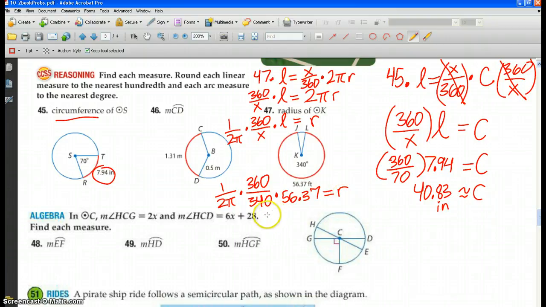On a calculator, we need to take 1 divided by, and you should probably put this in parentheses, a quantity of 2 pi, times 360 divided by 340 times 56.37. Typing that in now, and we get 9.50 feet.